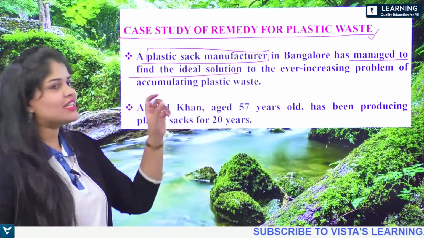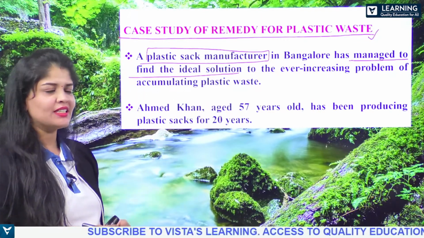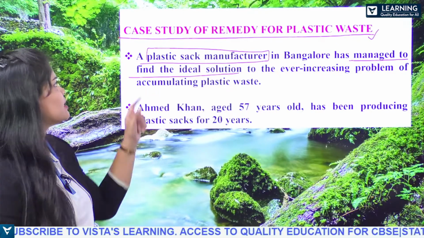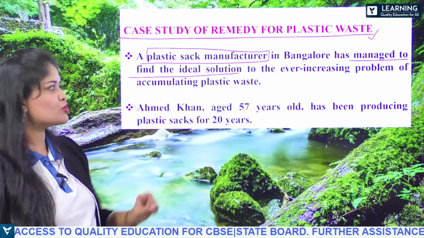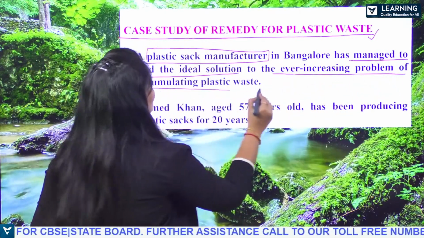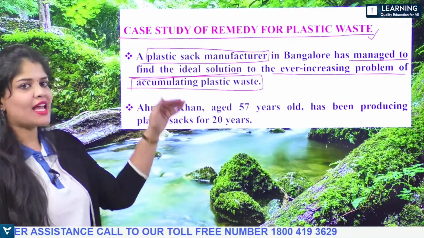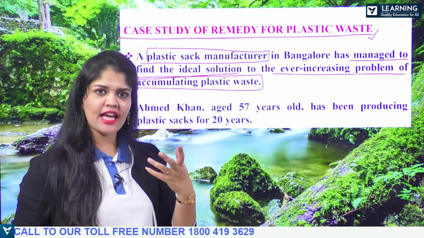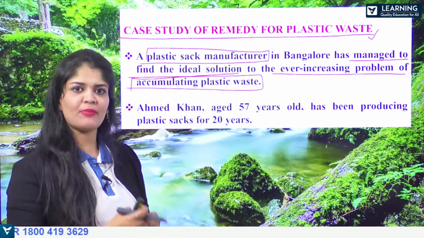For this, it is worth mentioning a person. Let's have a discussion about this. Here, he has managed to find an innovative solution to the ever-increasing problem of accumulating plastic waste. The usage of plastic has been increasing, and it leads to a lot of accumulation of plastic waste.